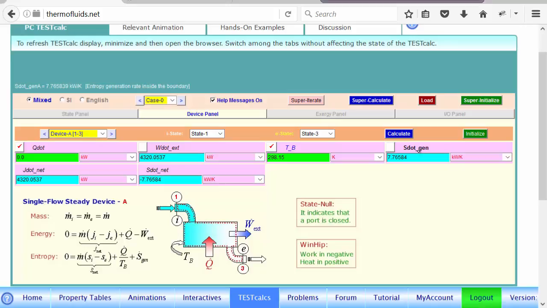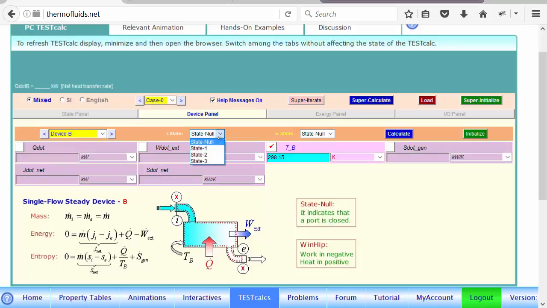Okay, if we want to find the isentropic efficiency, let's find the ideal turbine. Let's call turbine B the ideal turbine, going from state 1 to state 2. Notice that when I select states 1, 2, the diagram reflects the selection.